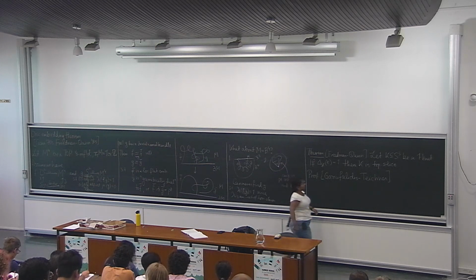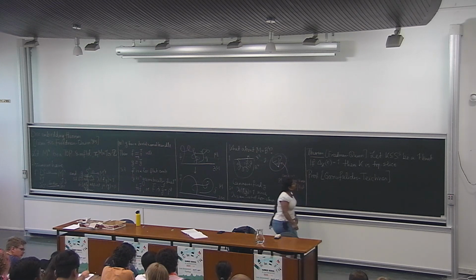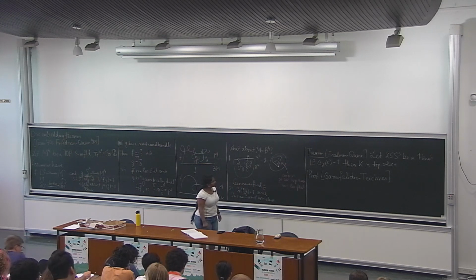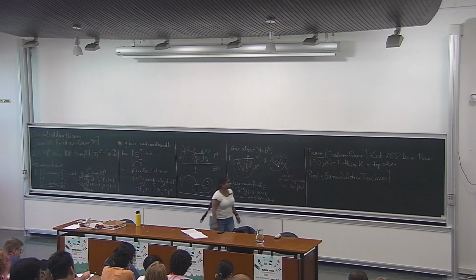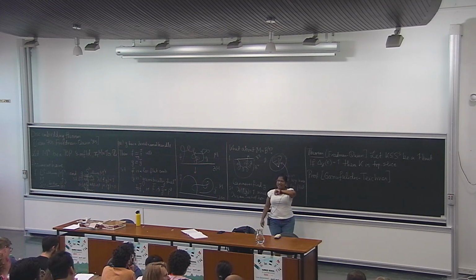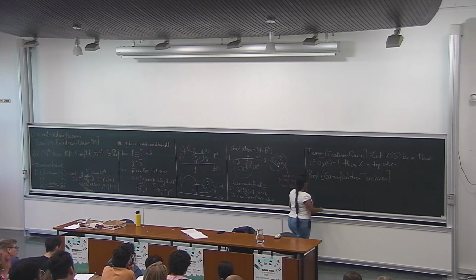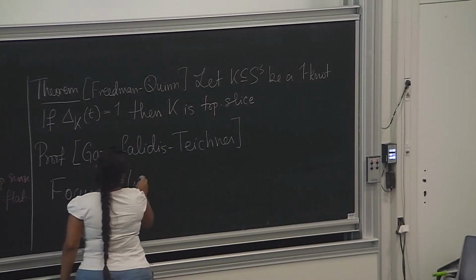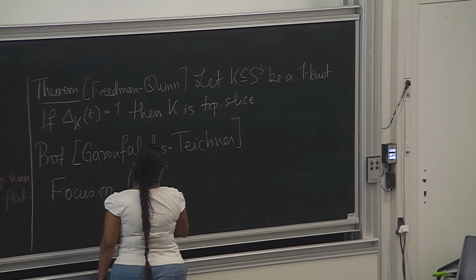So, I'll tell you why the Z is the important case once we get to it. I said I'd give you this proof, but in fact, I'll give you an even sketchier proof. I'll give you the one for the Whitehead double of a knot.